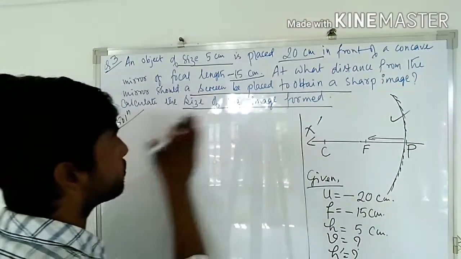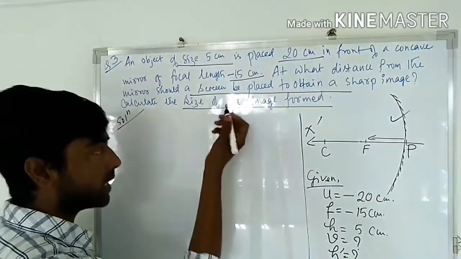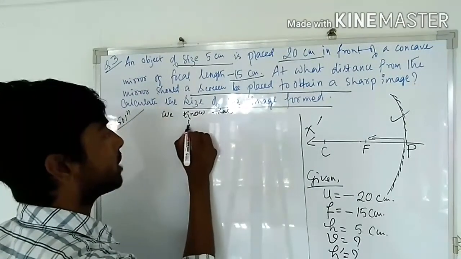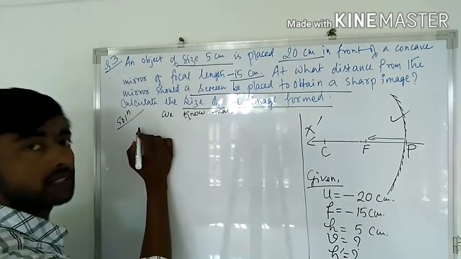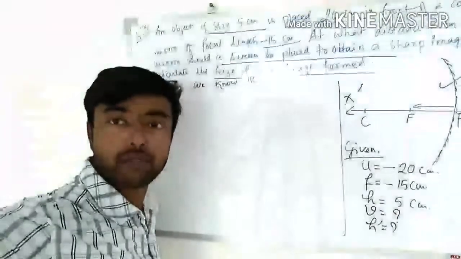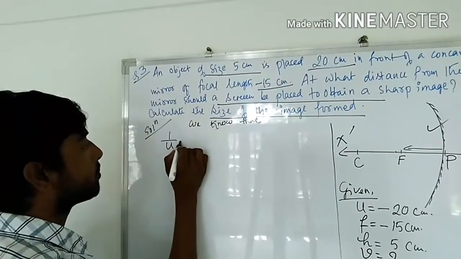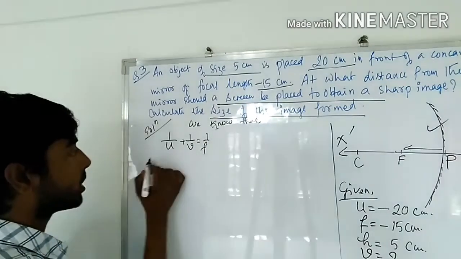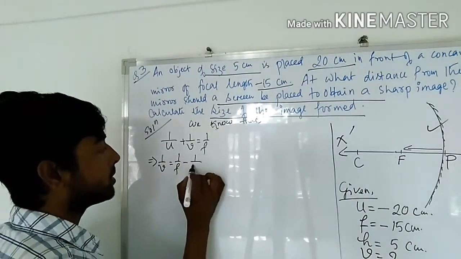Now we will have to proceed. How will we proceed? The same mirror formula we will use. We know that 1 by u plus 1 by v is equal to 1 by f. This formula we know. We need to calculate v value. So 1 by v is equal to 1 by f minus 1 by u.